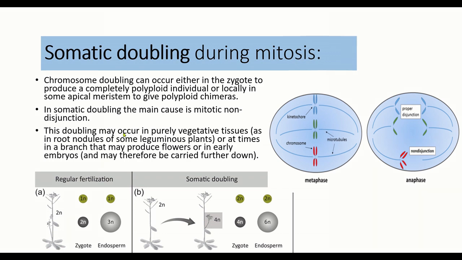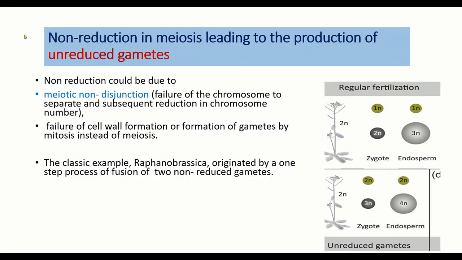Just remember this. And next is formation of unreduced gametes due to non-disjunction. This is a second case, which is a little different from the first. In this case, the non-disjunction will happen in the reproductive cells. Non-reduction could be due to meiotic non-disjunction, failure of the chromosomes to separate, and subsequent reduction in chromosome number.